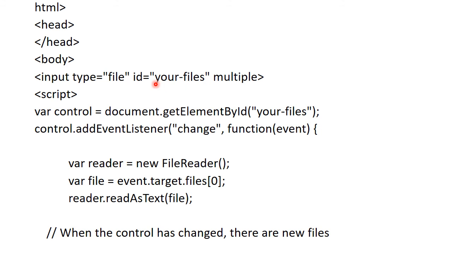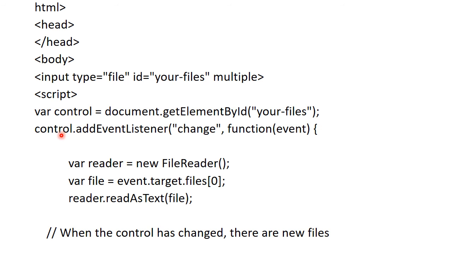Then I have created an ID for this section of the web page, that is your files. Then inside the script I am accessing this element of the HTML page by using its ID. So document.getElementById your files. So now I am getting control over the element whose ID is your files. So that is basically this one.